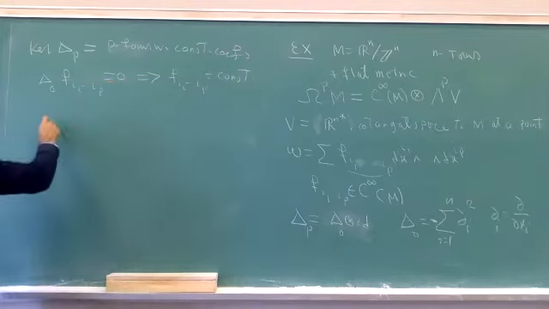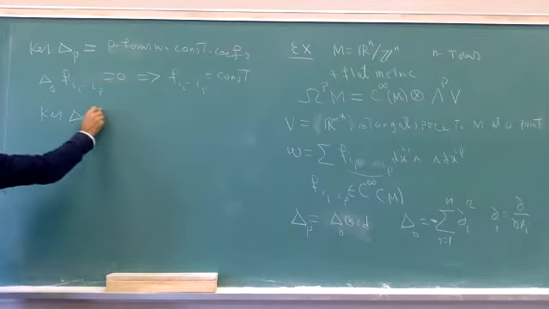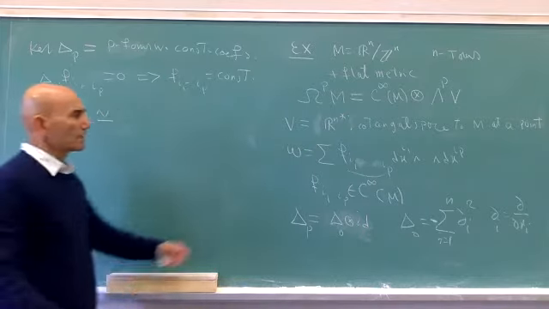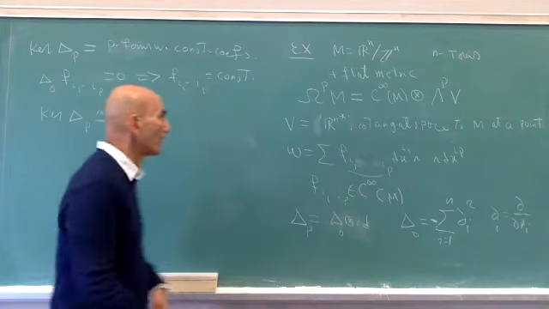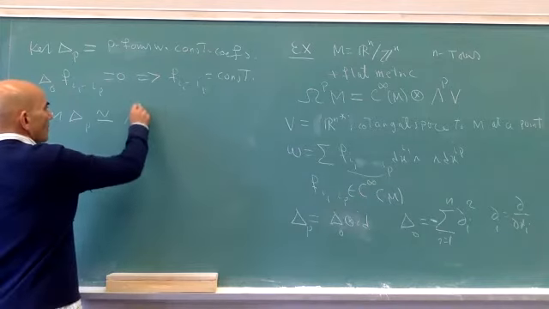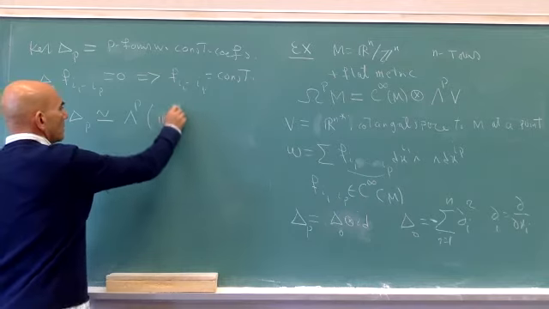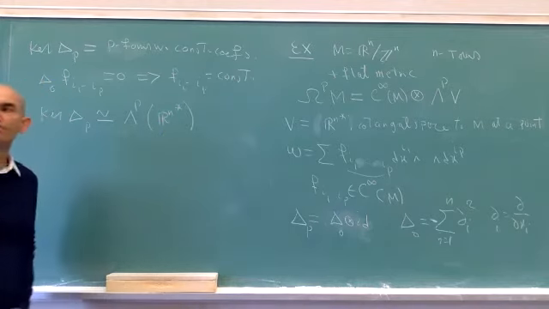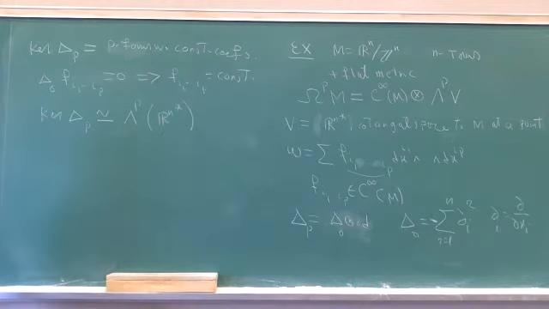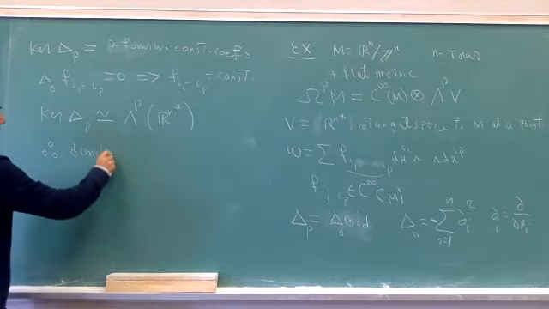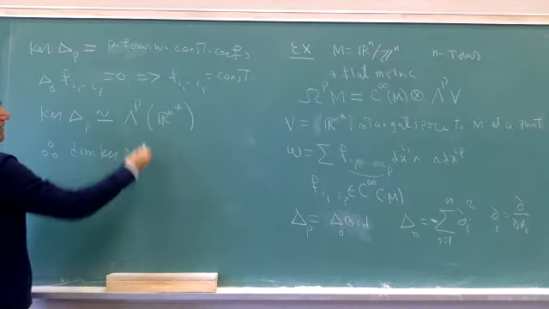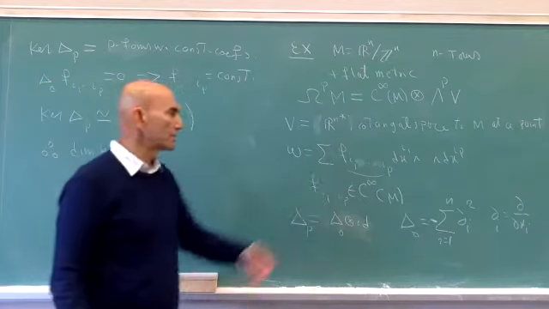Okay, so in other words, this kernel is really isomorphic to Λ^p of (R^n)*. So in particular, its dimension is n choose p. We even have a kind of canonical basis for this space.